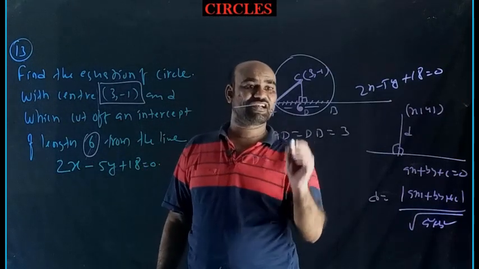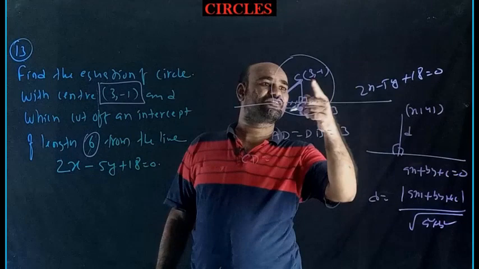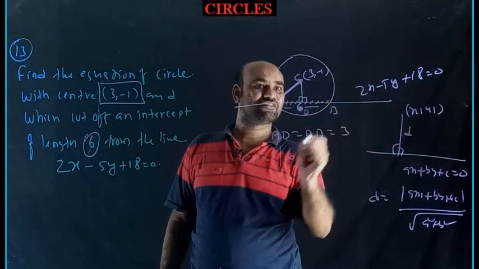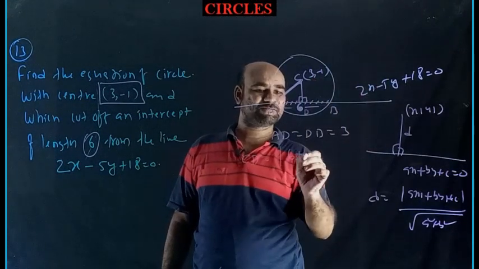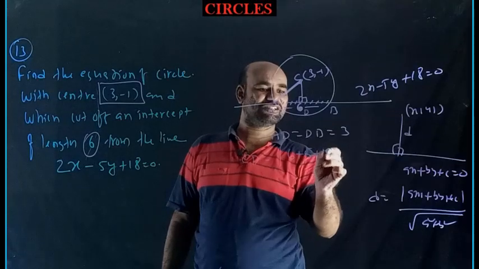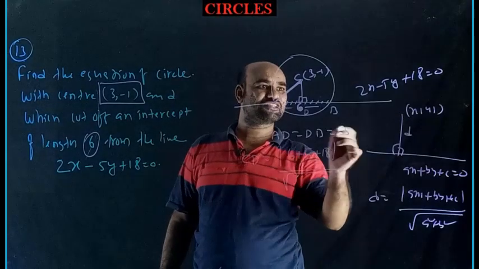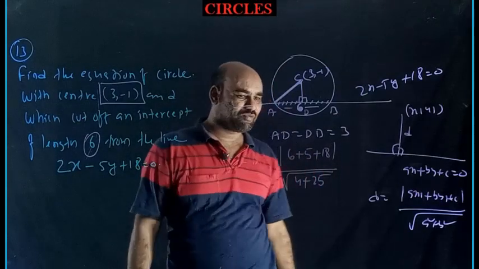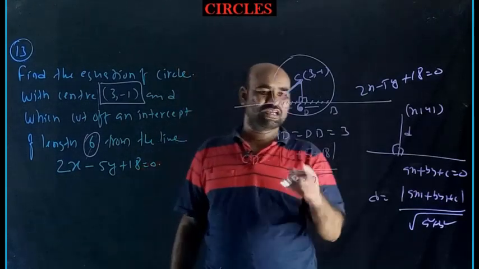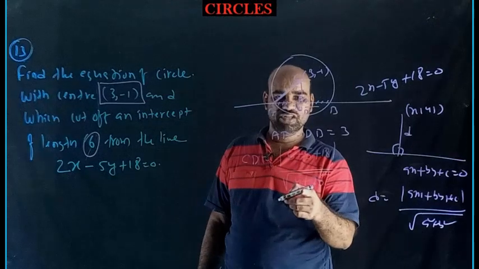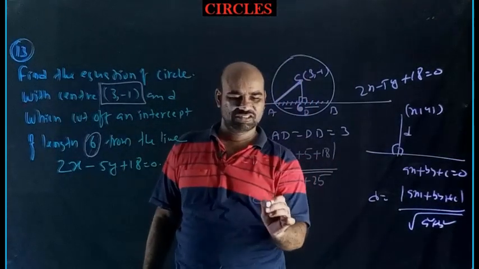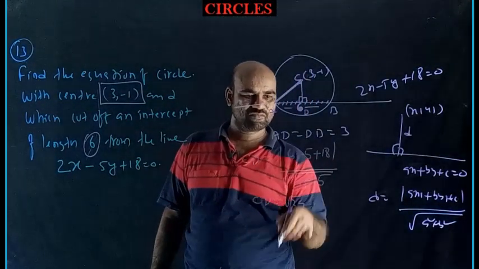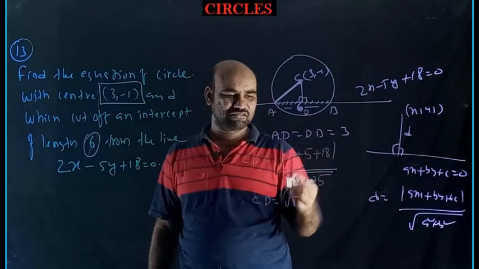CD equals mod of 6 plus 5 plus 18, divided by root over 4 plus 25. That is 29 by root 29, so CD equals root 29.